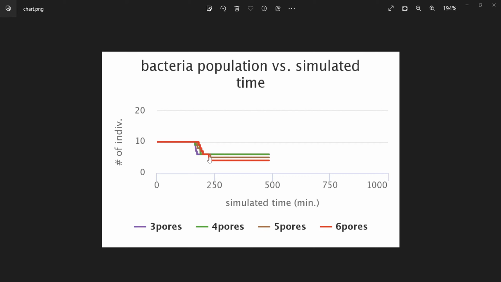But then you can see that the brown line is a little lower and the red line is a little lower still. So the bacteria were able to eliminate more of the brown and the red bacteria. So more of the 5-pore and the 6-pore bacteria were eliminated with 1 dose of the antibiotics.